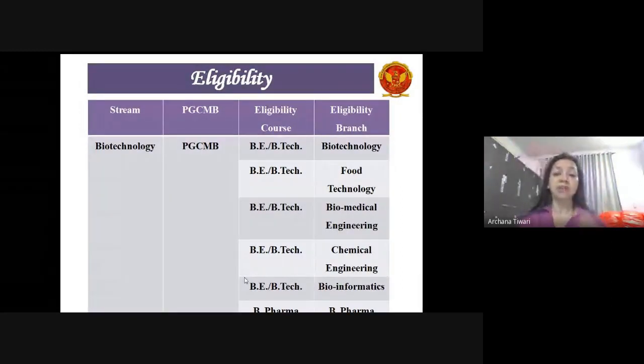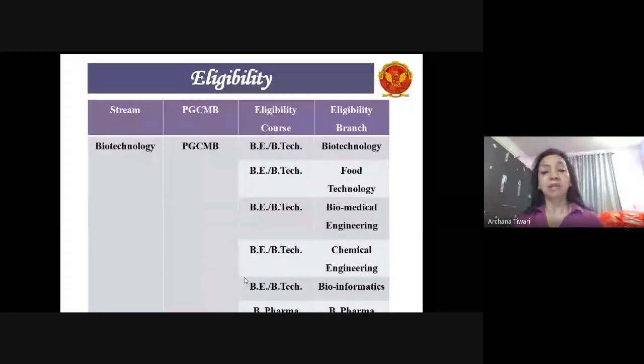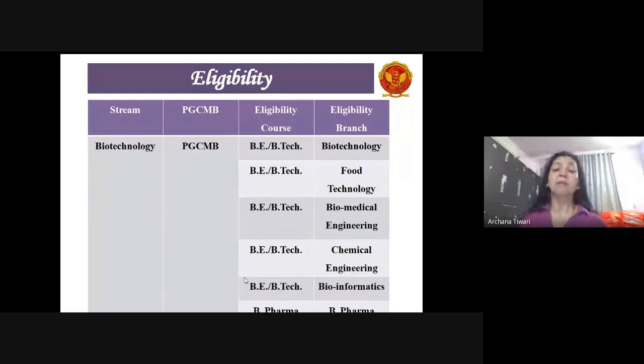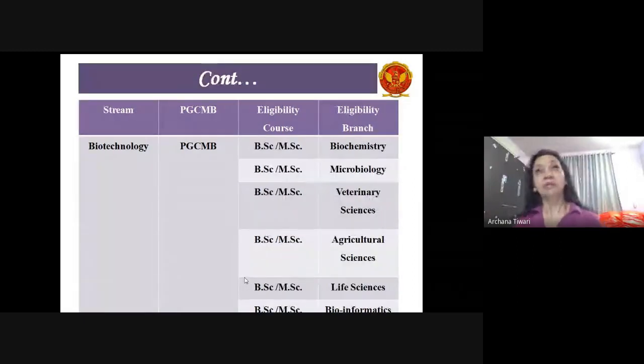And now we have the eligibility for the postgraduate certificate program in medical biotechnology. That is the same eligibility which we have discussed for the MTech Biotechnology: BTech Biotechnology, food technology, biomedical engineering, chemical engineering, bioinformatics, B Pharma, BSc or MSc.